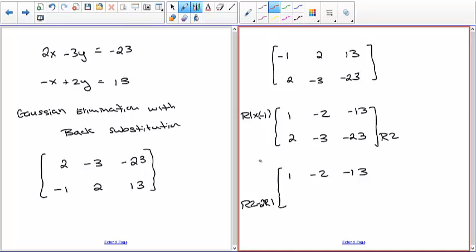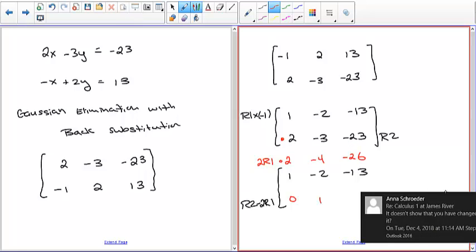Let's write 2 times row 1 here. So I take my row 1, which is not changed, and multiply it by 2. So I get 2, -4, -26. So I'm going to take row 2, subtract 2 times row 1. So 2 minus 2 is 0. -3 minus a -4 is -3 plus 4, which is 1.